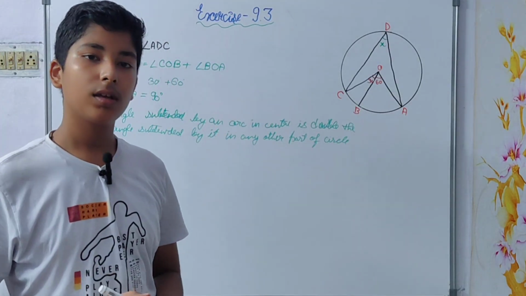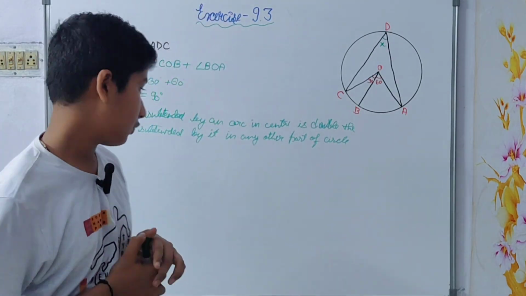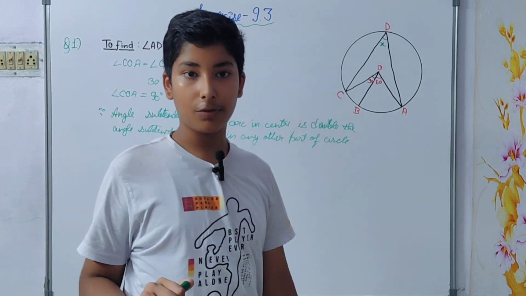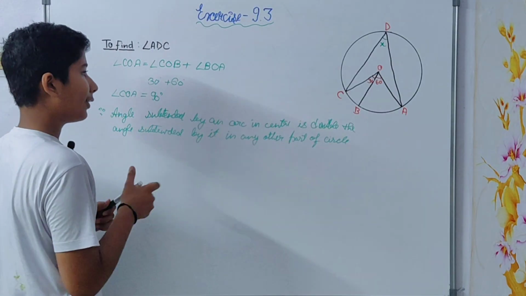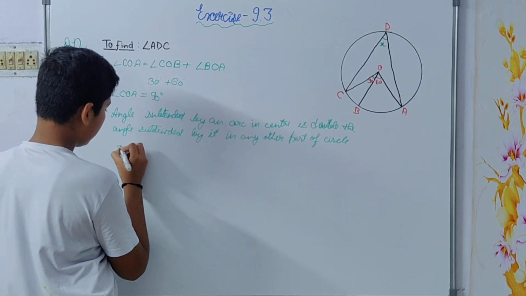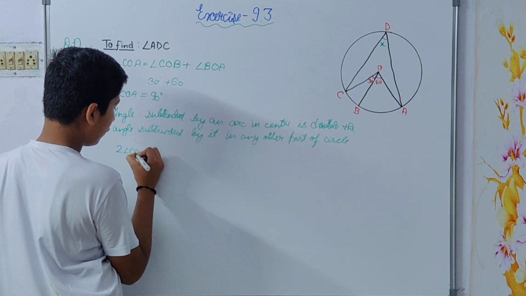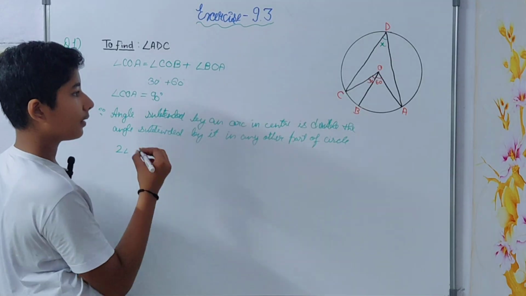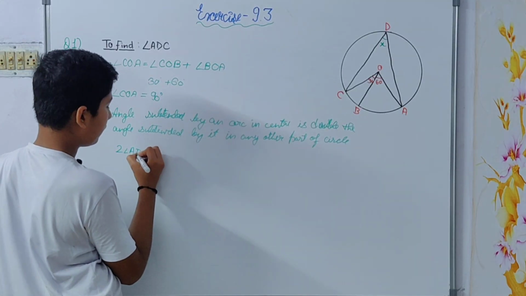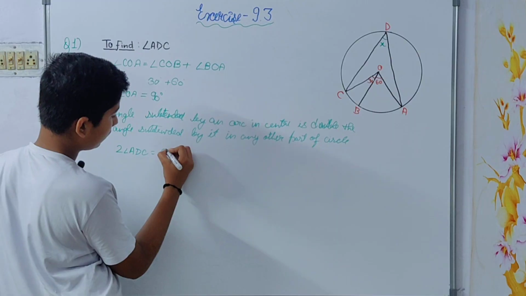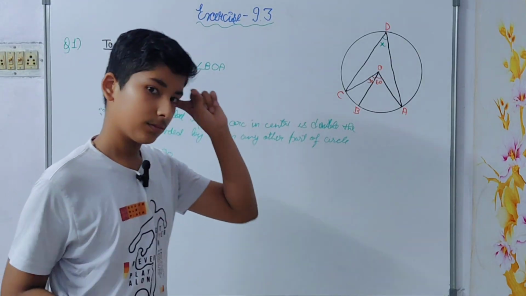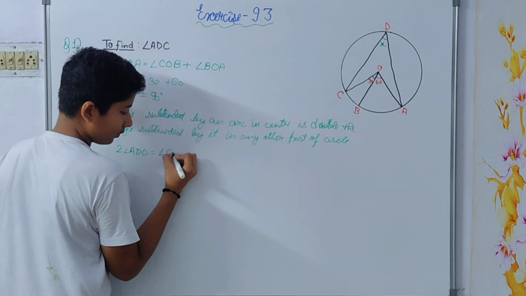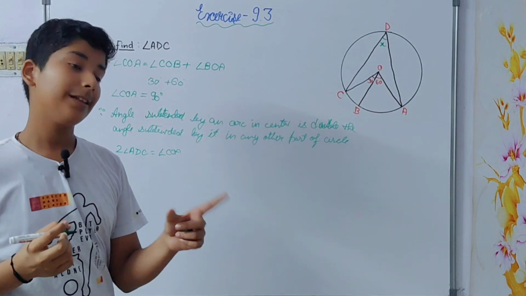So the angle subtended by an arc at the center is double the angle subtended by the same arc at any other part of the circle. By this we get that 2 times angle ADC equals angle COA, and we know that angle COA is 90 degrees.